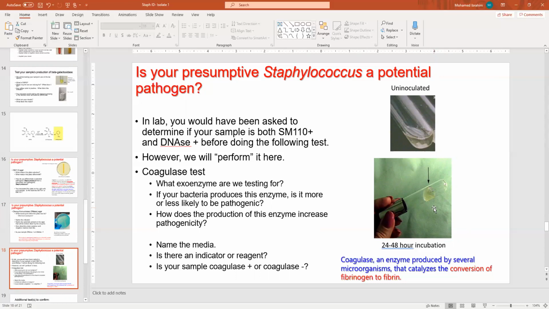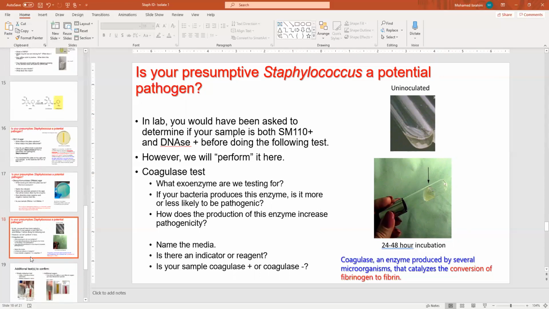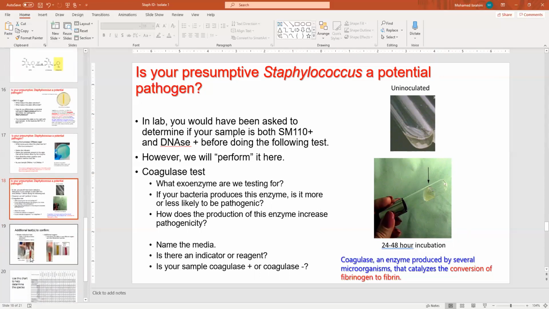So both DNase and coagulase are pathogenic factors or virulence factors for some staph. Not every staphylococcus has this kind of virulence factor. So again, this is another way of differentiating between the different staph.